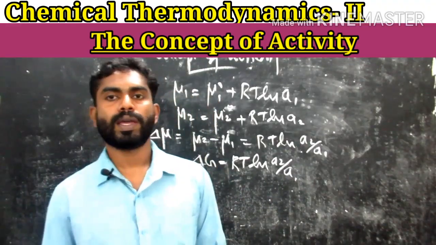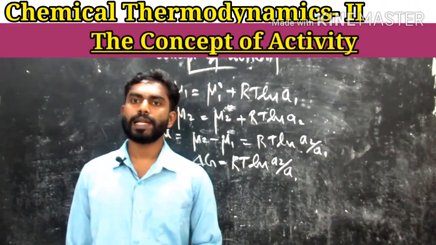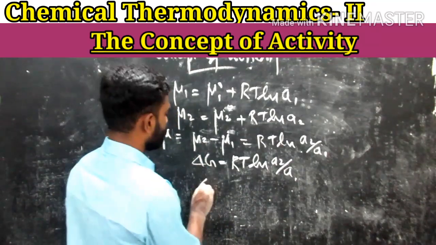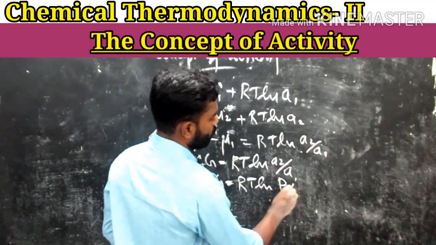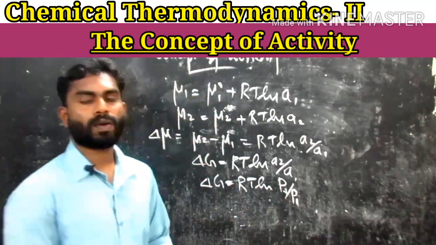For 1 mole of ideal gas, we know that delta G is equal to RT ln P2 by P1.